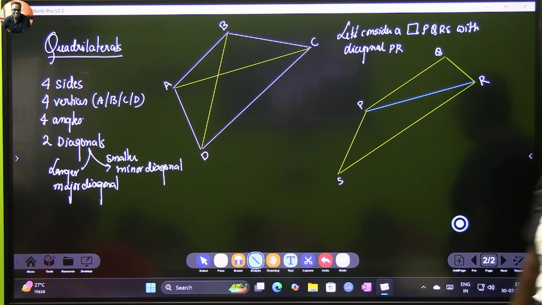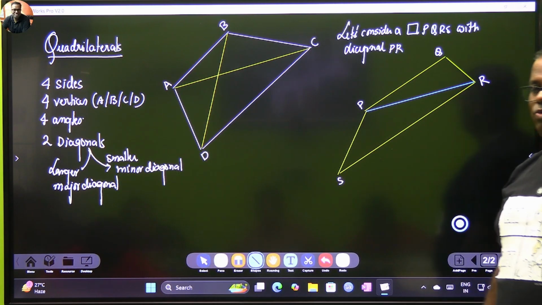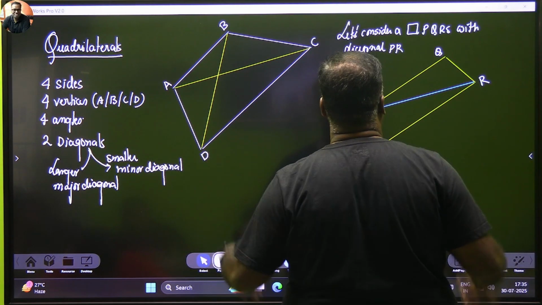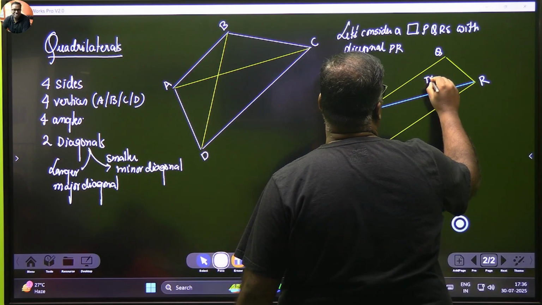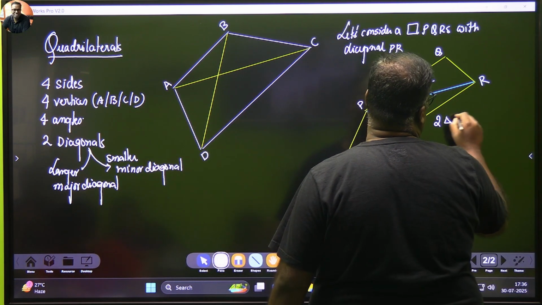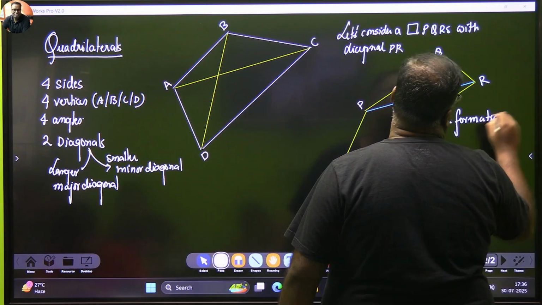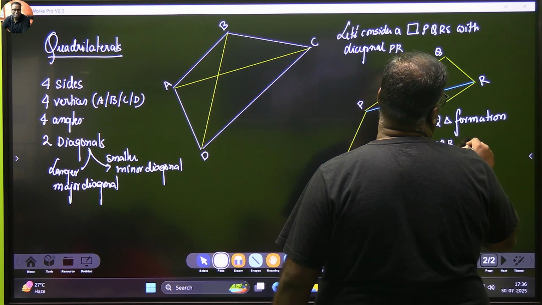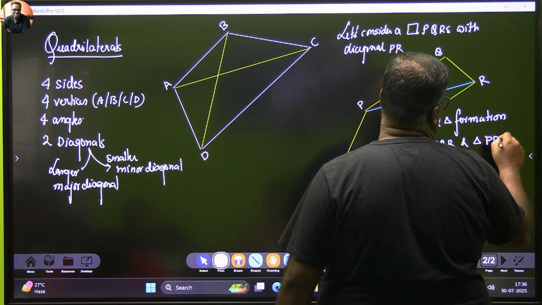Have you understood? If you consider one diagonal of a quadrilateral, then what do we see? This diagonal actually divides the quadrilateral into two triangles. This is triangle T1 and this is triangle T2. Okay, so you have two triangle formation. One triangle would be triangle PQR and triangle PRS.